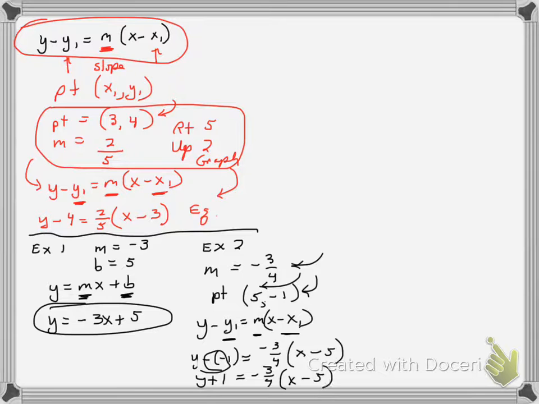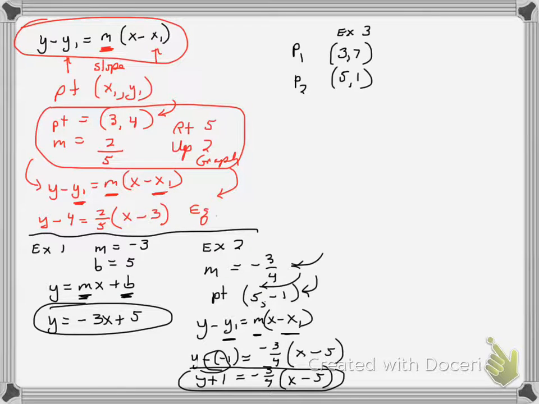Let's move to the next example. Now this is the trickier example. It says write an equation of the line containing point, it doesn't say point, but 3, 7 is one point, and 5, 1 is another point. So I recognize that they've given me point 1 and point 2.